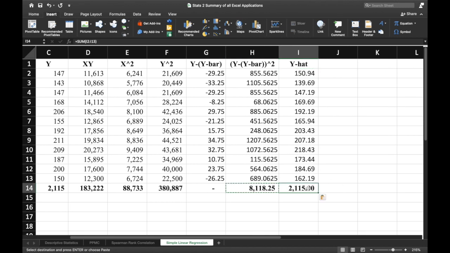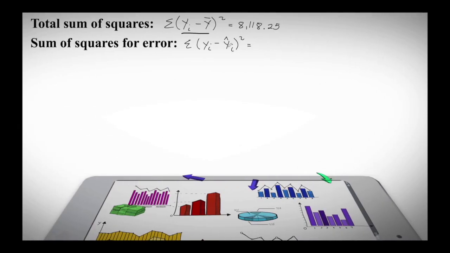Okay. So, we have here 2,115 as the value for the summation of y hat ang meron tayo. But since, as you can see here, summation of y hat yun eh, ang ginagawa natin is y sub i minus y hat sub i. So, ibig sabihin, kulang pa po tayo.